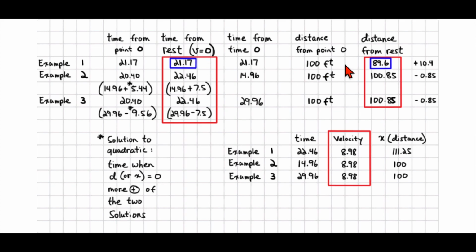So that body travels 100 feet to the right of point 0, but only travels 89 and 6/10 feet to the right from rest. Remember, it's moved 10 and 4/10 feet to the right from rest, and it's 11 and 25 hundredths feet from rest, less than example 2 and example 3.